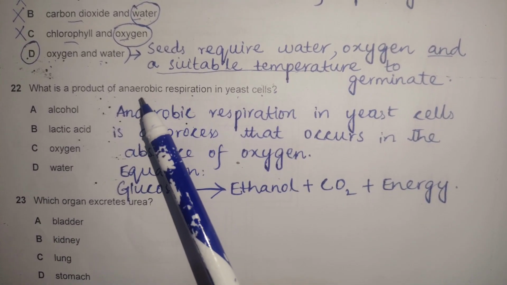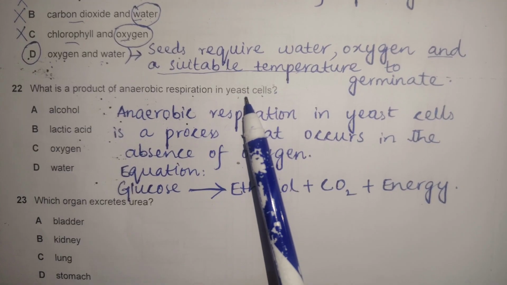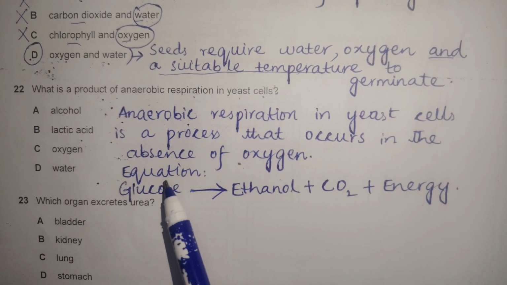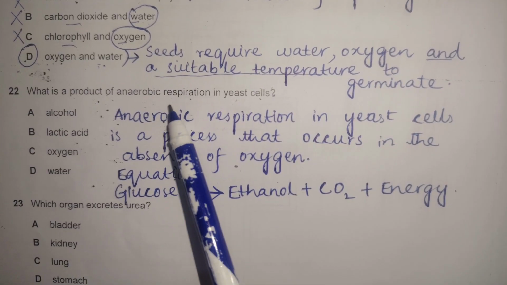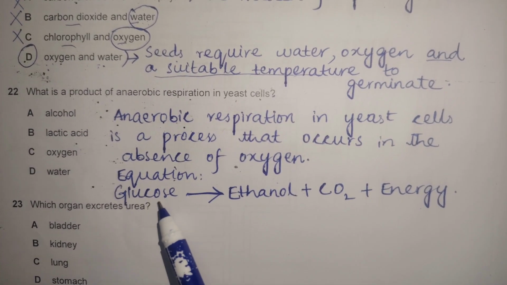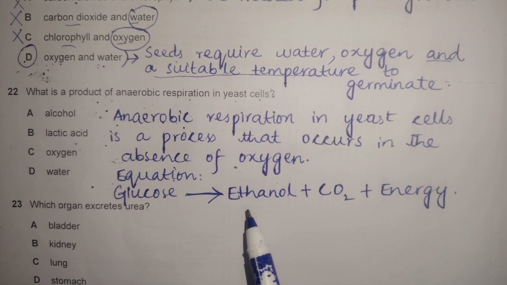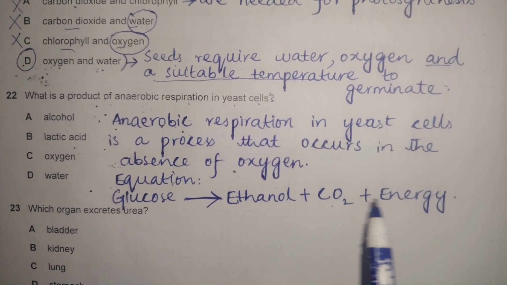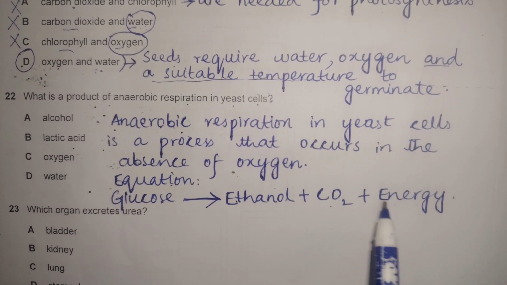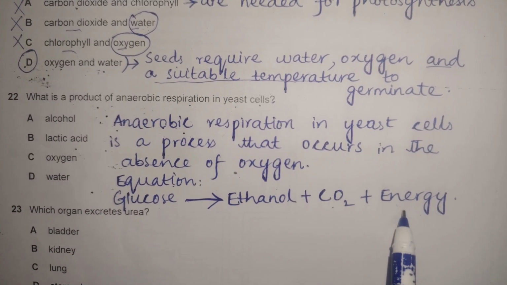This is the equation for that. In yeast cells, anaerobic respiration breaks down glucose into ethanol, carbon dioxide, and energy. So these are the three products.